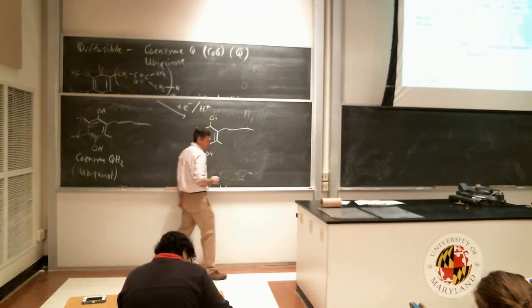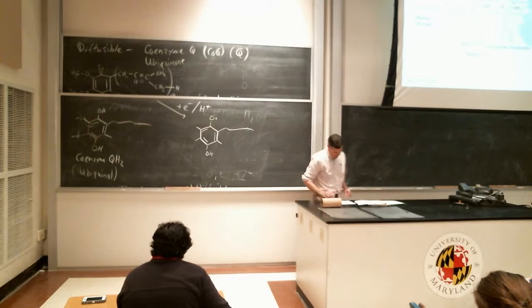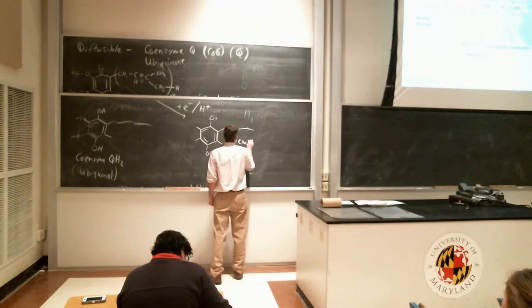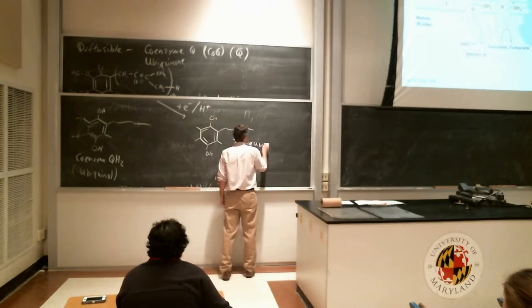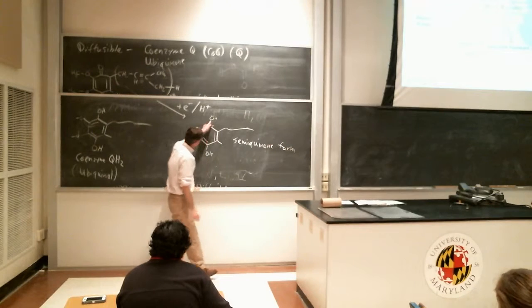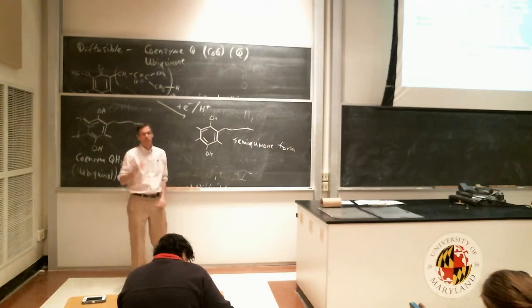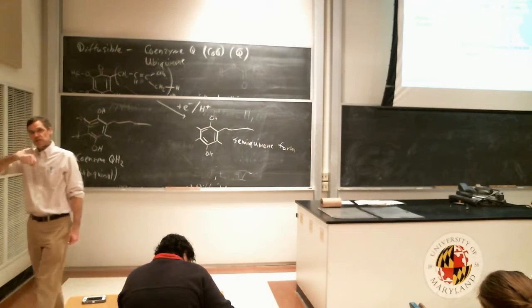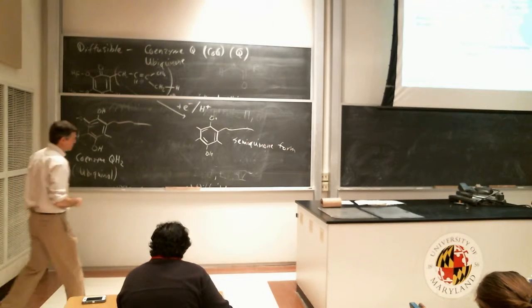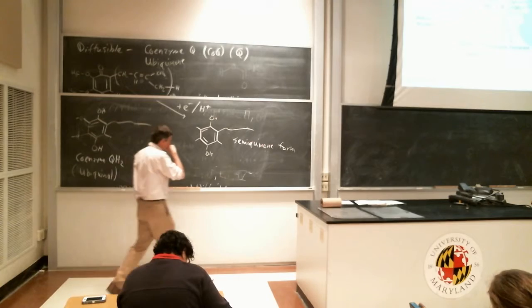Again, all the peripheral groups are unchanged. So this is known as a semiquinone form. This is a radical. The dot represents the 1 electron that is sitting on that oxygen. But if that electron is delocalized over the whole structure, you can write a bunch of resonance structures.